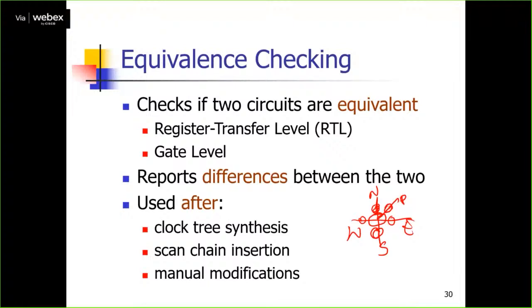Equivalence checking finds the differences between them, and you can use those differences to construct a clock tree, to do clock tree synthesis, scan chain insertion, manual modification, etc.